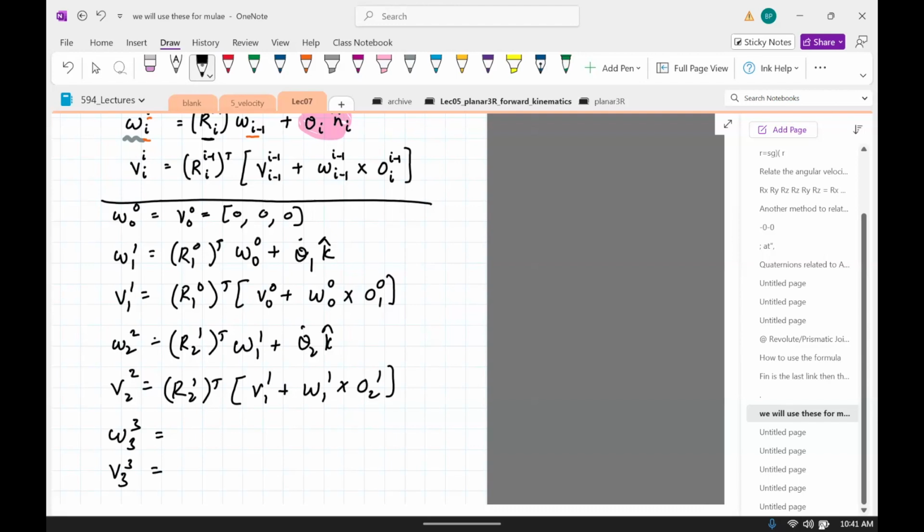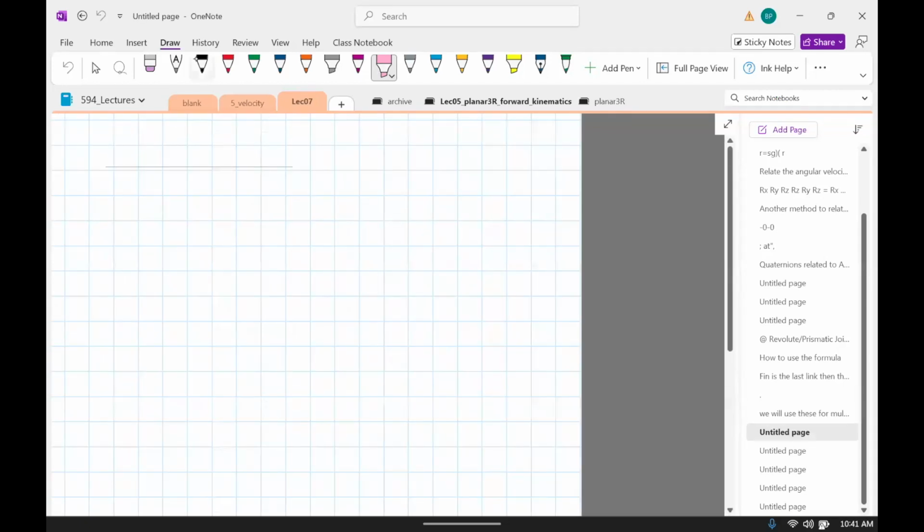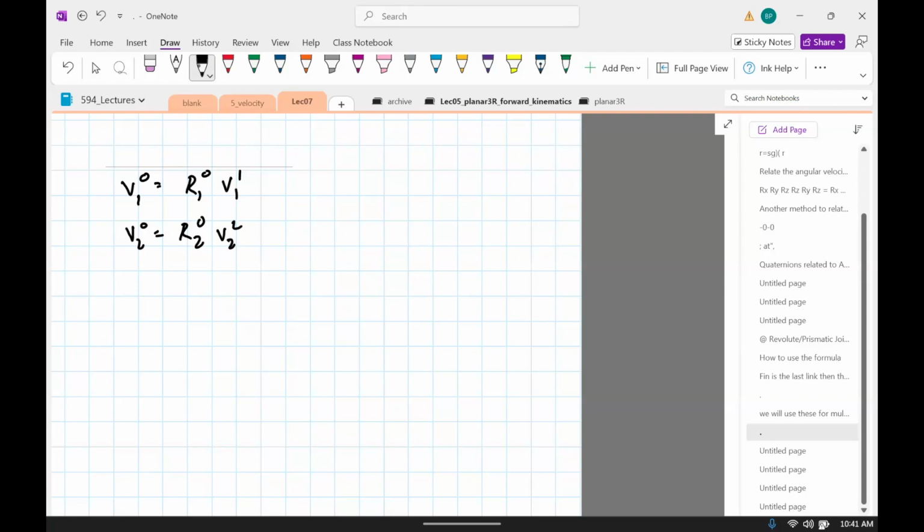Okay, but these are only giving you velocity in its own frame. We need to relate this with velocity in the world frame, right? So for that, what you'll do is V1 in frame 0 would be R10 V11. And then V20 is R20 V22. And same for V30.